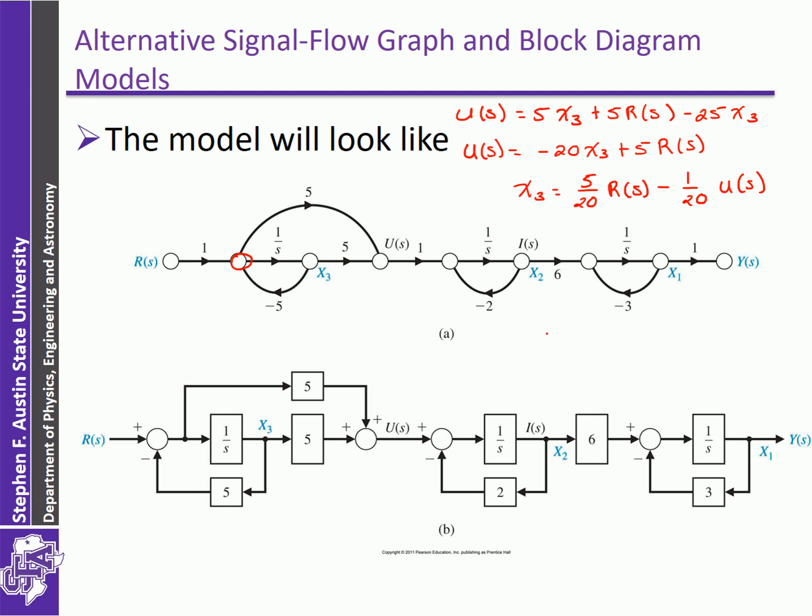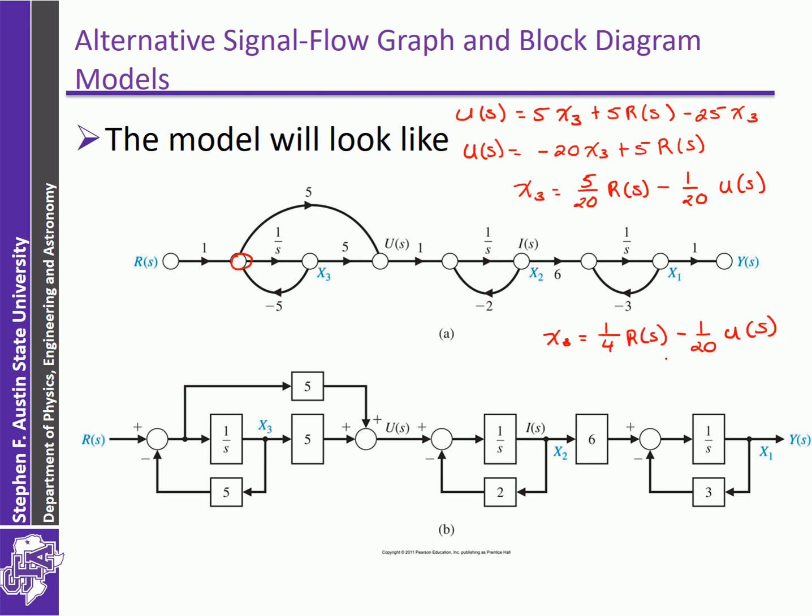We can simplify and say x3 will be equal to 1 over 4 r of s minus 1 over 20 u of s.